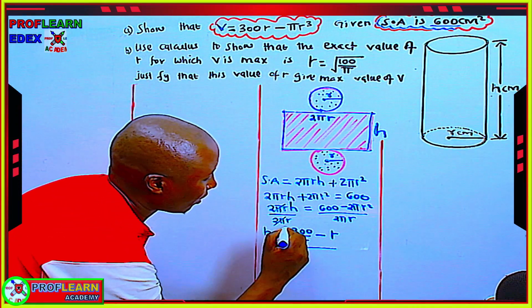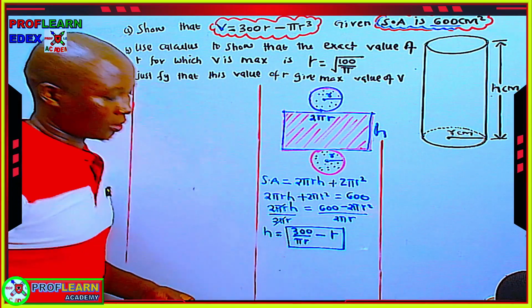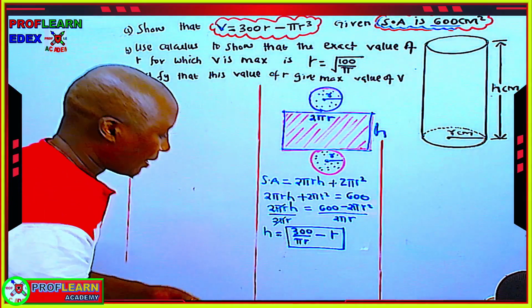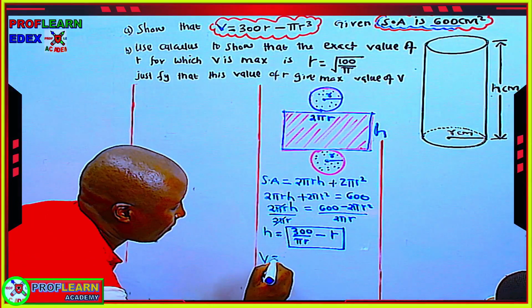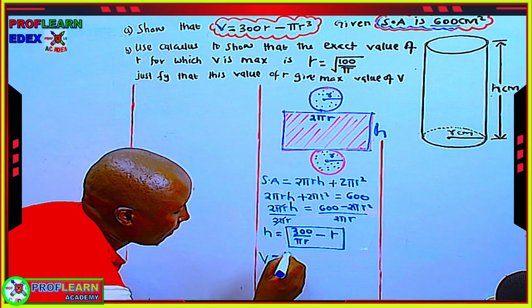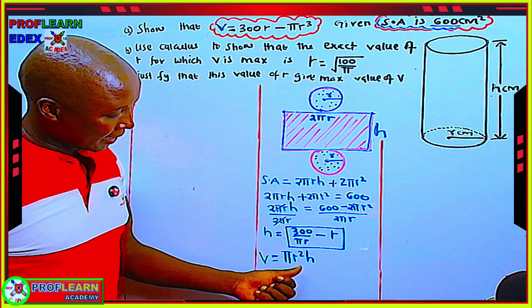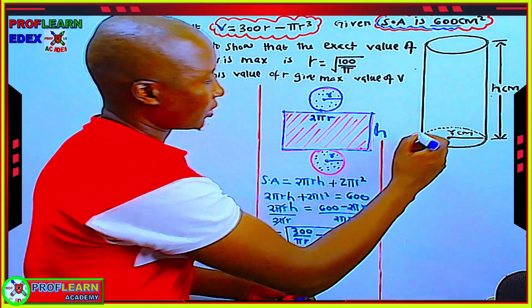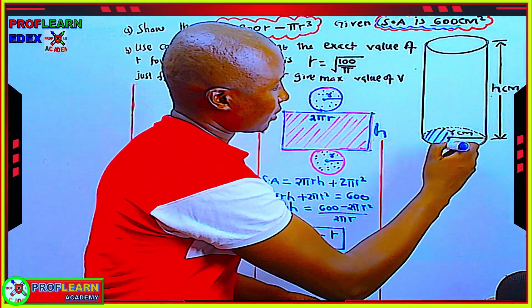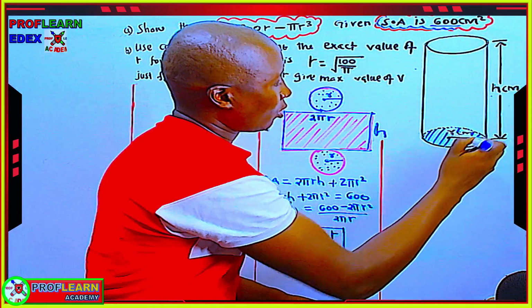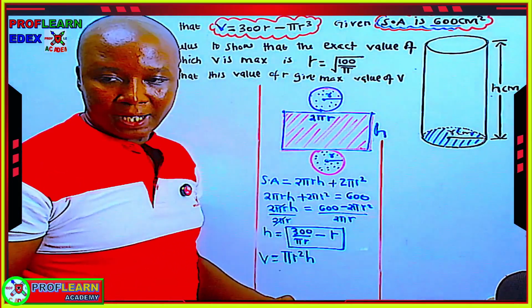Anywhere we have h, we are going to substitute this particular part. And remember, the volume of a cylinder is base area times height, which is pi r squared h, because the area of the base is a circle, which is pi r squared.